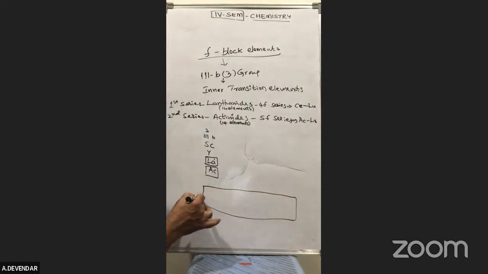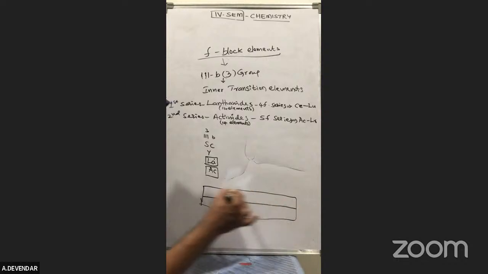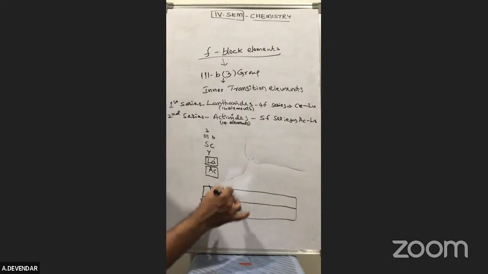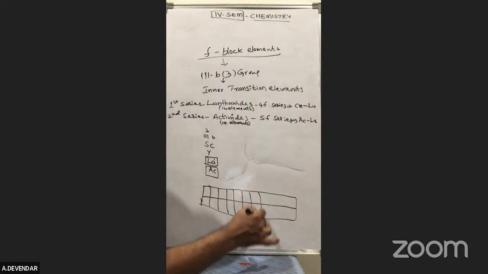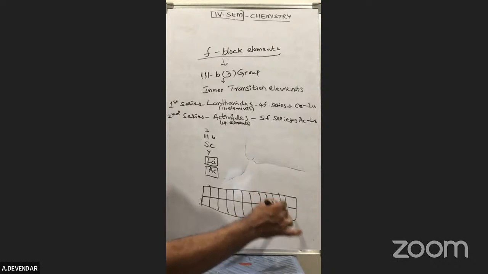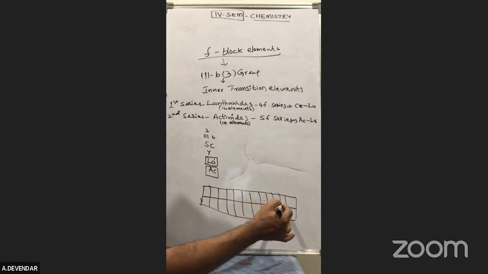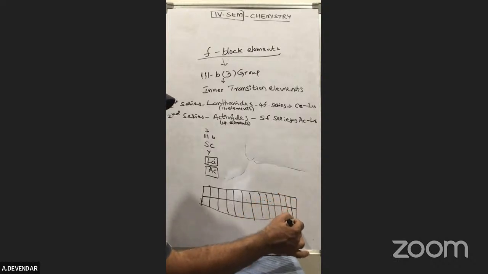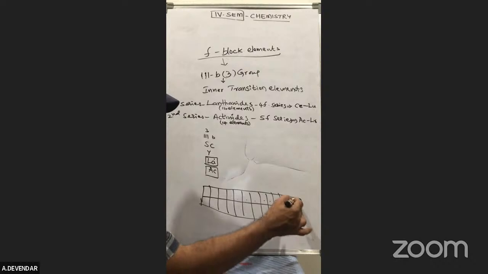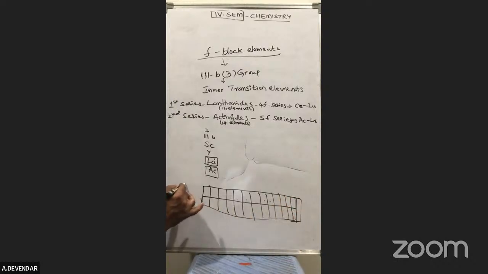At the bottom, they arrange the 14 elements like this: 1, 2, 3, 4, 5, 6, 7, 8, 9, 10, 11. So this is called the 4F series.